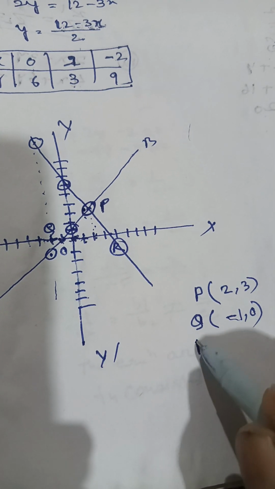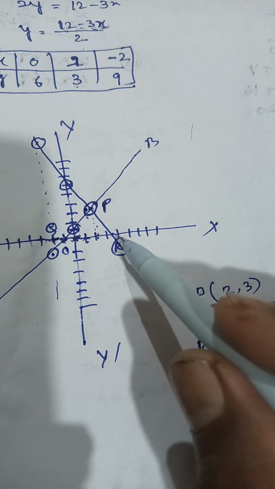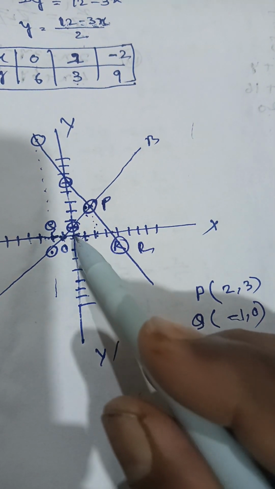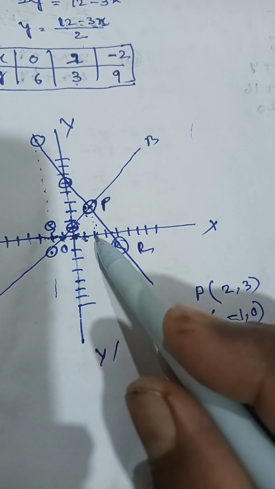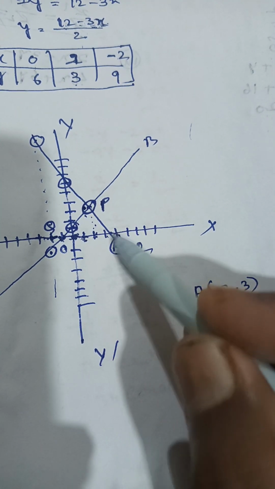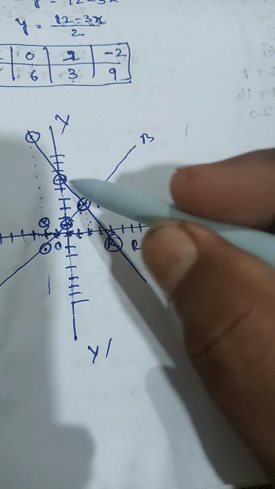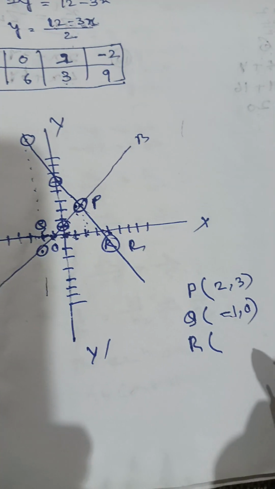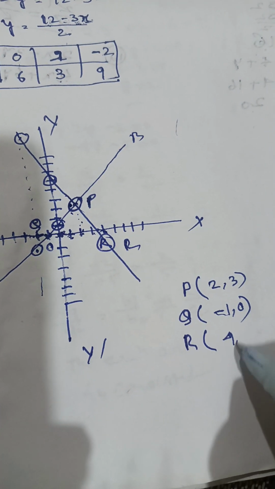Now you have to find the coordinate of R. R is this point. You can mark it as R. R means we have to move towards 1, 2, 3, 4. Since we are drawing it by hand, actually it should cut at this point. Okay, so this is 4 comma 0. You write 4 comma 0.